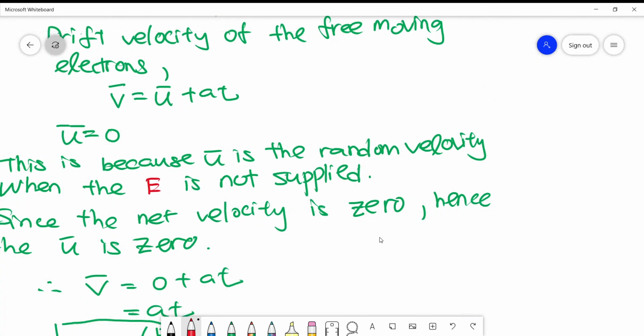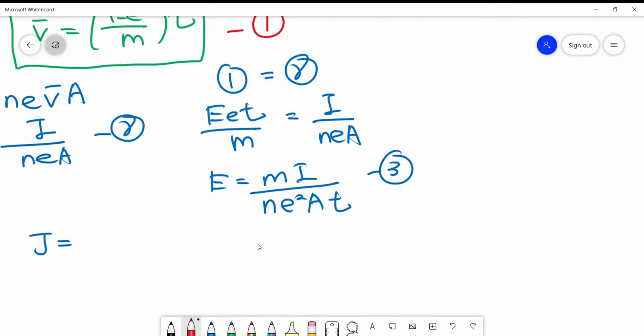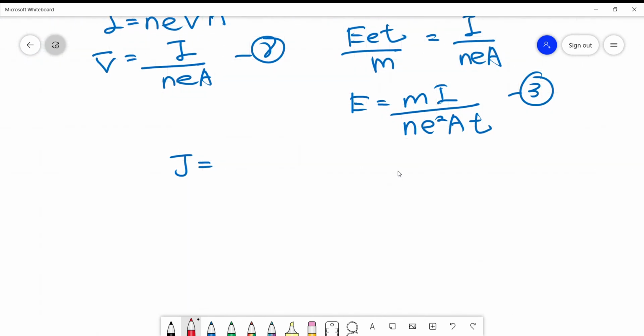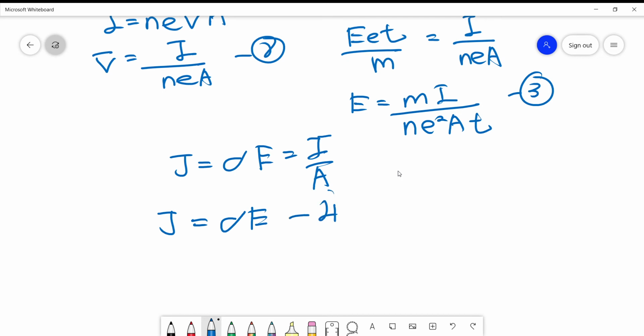Since we discussed up to the current density, the current density has two formulas: sigma E and I over A. The formula of the current density that we choose is this one. This is the formula that we need, so this is my equation 4.